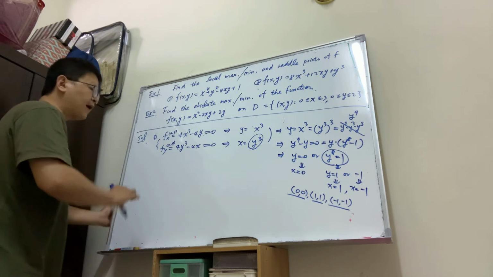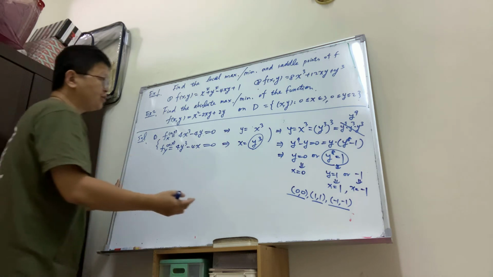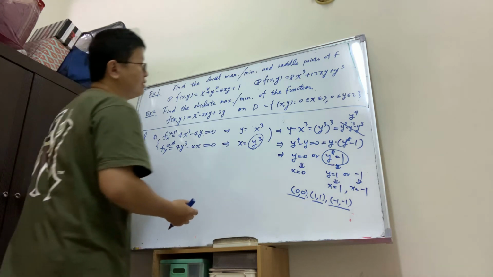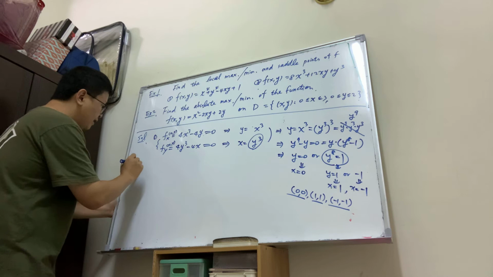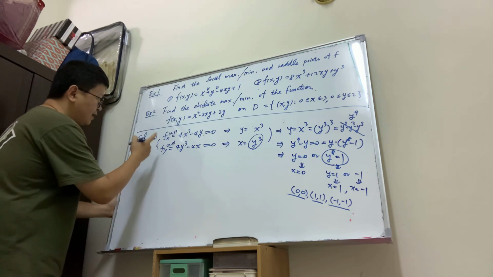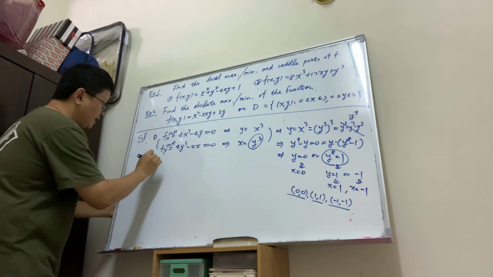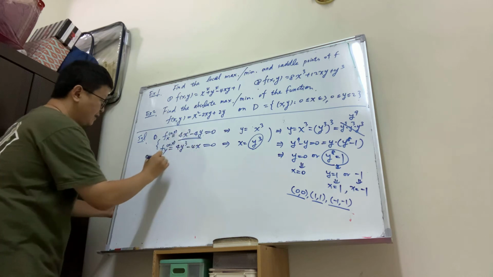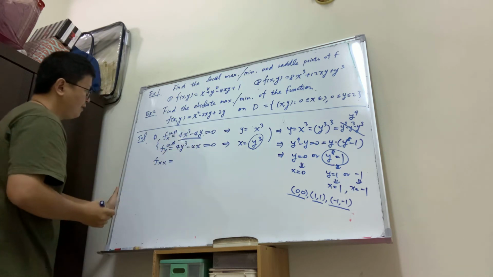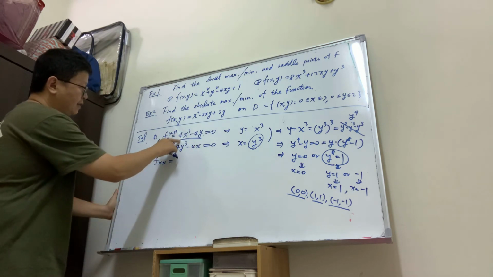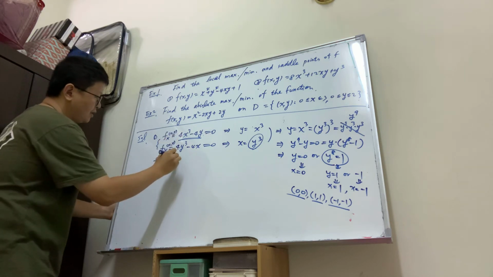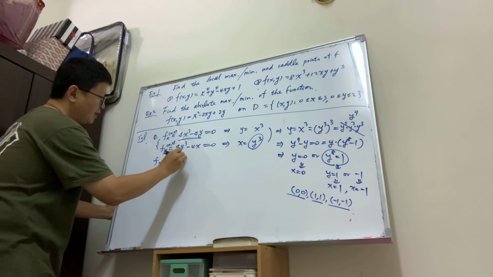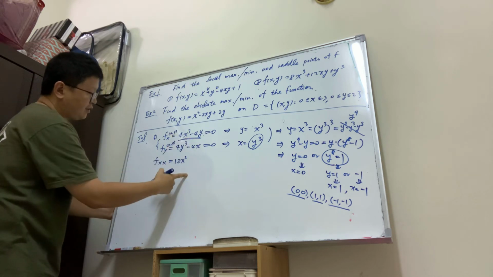Okay, before that we should consider the determinant, but for the determinant we should consider the second derivatives. So for the second derivative with respect to x, consider its derivative by x. Then it becomes 4 times 3, 12x squared. And the other term is constant, so its derivative is 0.